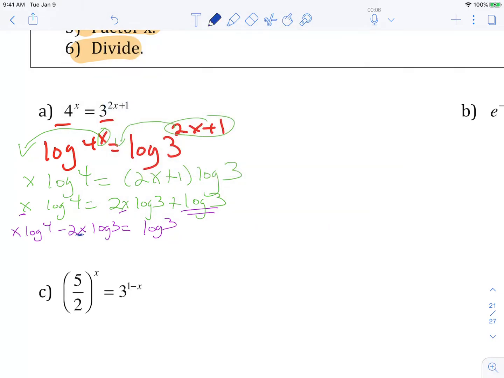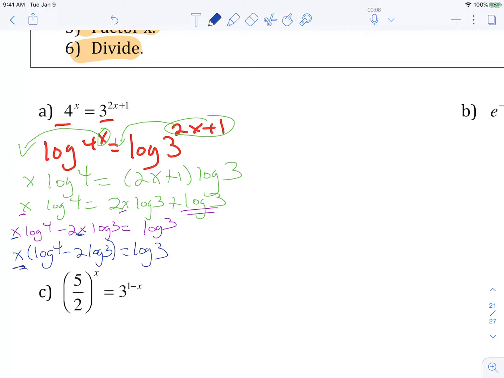And we have x, we could factor. I'm going to factor x out from both of these. x times (log 4 minus 2 log 3) is equal to log 3. And again, ultimately, my goal is to get x by itself.